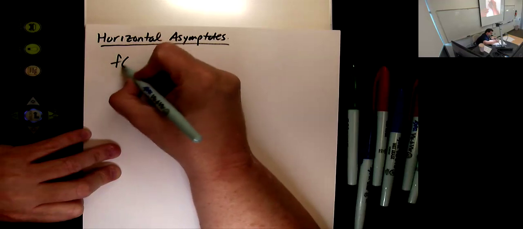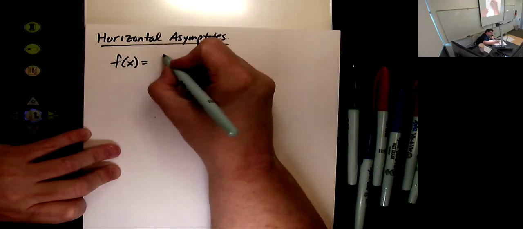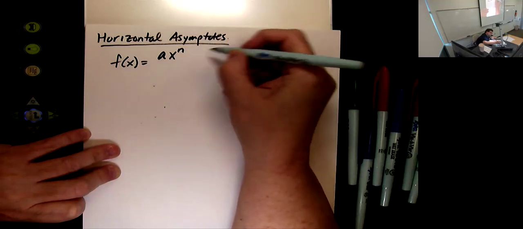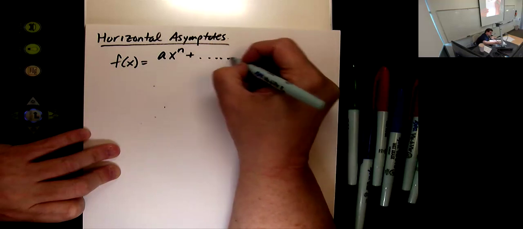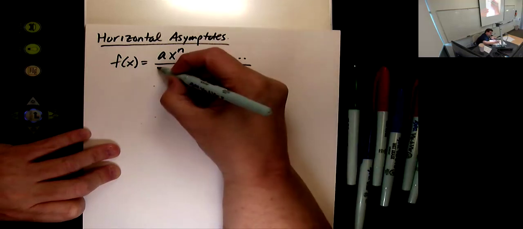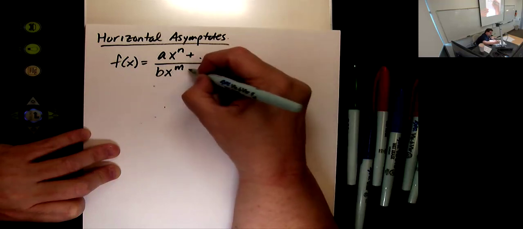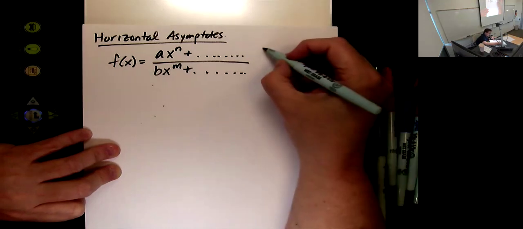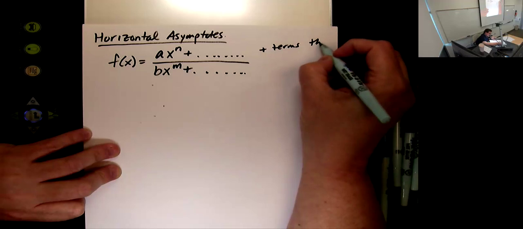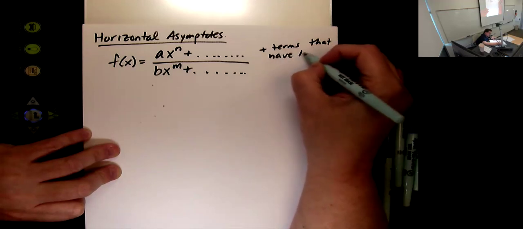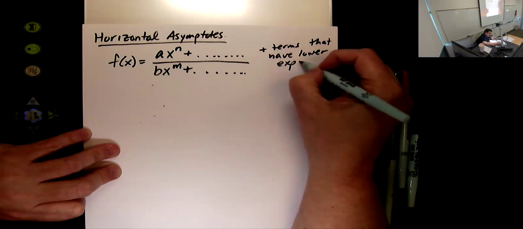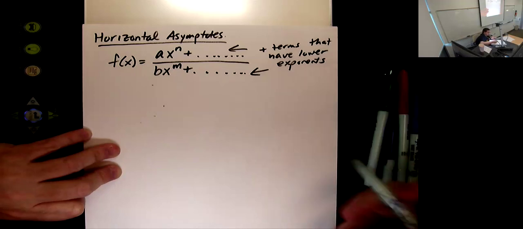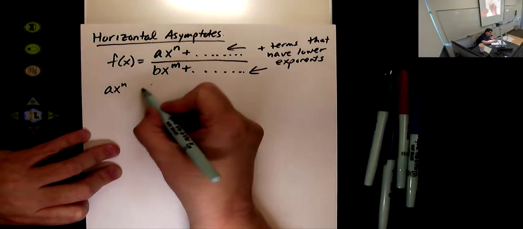So to do it, I'm gonna set up like a generic equation for this. I'm gonna have ax to the n on top, plus other terms. bx to the m on bottom, plus other terms that have lower exponents. So that ax to the n is called the leading term on top.